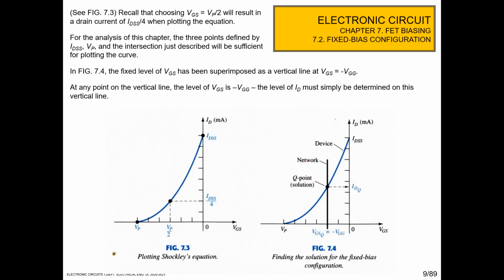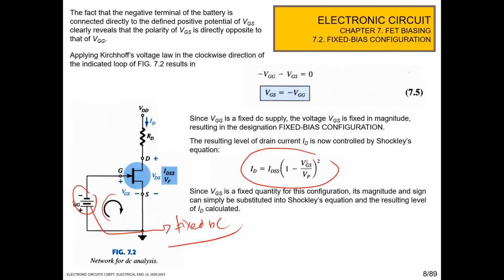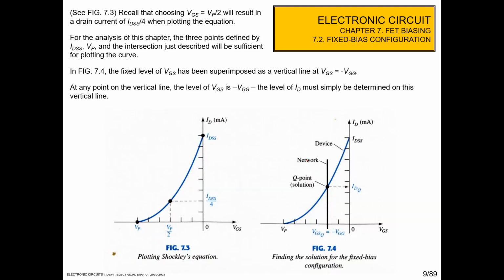From this circuit, we have to plot the IDQ, or key point, of the circuit. First, we have to plot the FET characteristic. When ID is equal to 0, VGS is equal to VP, this point, and when VGS is equal to 0, ID is IDSS.